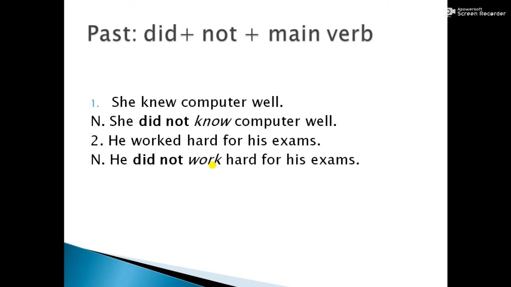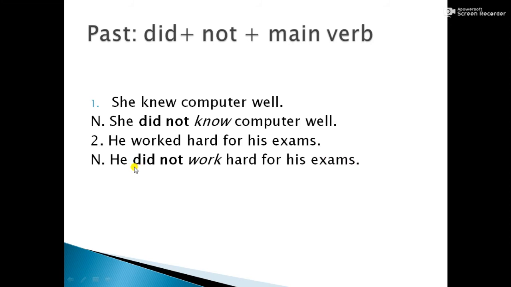Let's understand this again. He worked hard for his exams. In this positive sentence, the past tense has been indicated by the suffix ed, past tense suffix ed. But the negative sentence is like this: he did not work hard for his exams.